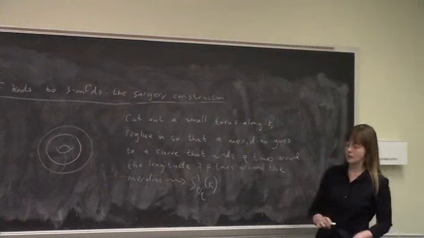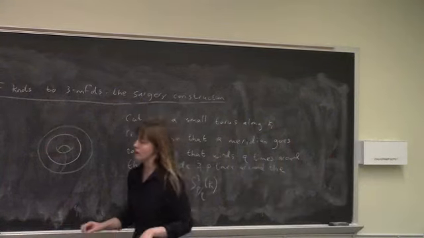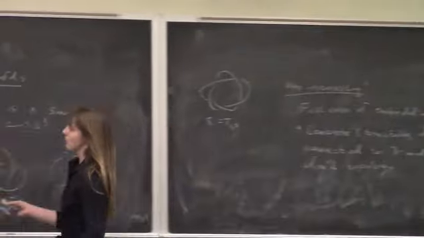That will be p over q surgery on K. So I cut out a torus, I reglue it differently, I get some 3-manifold.